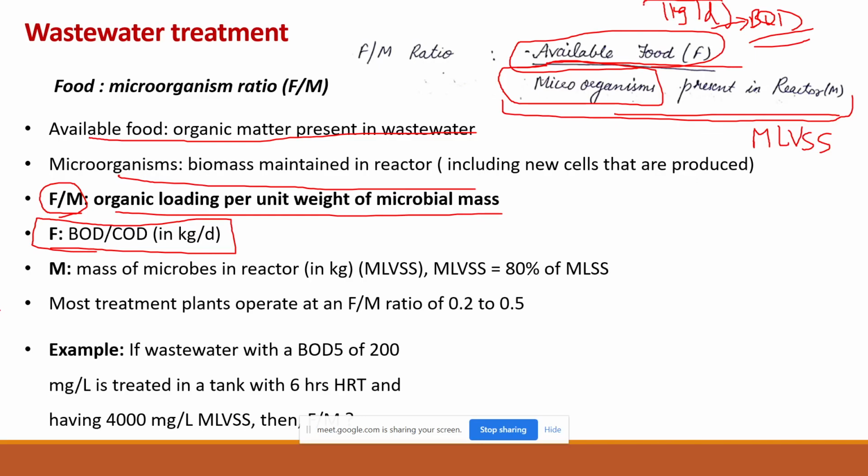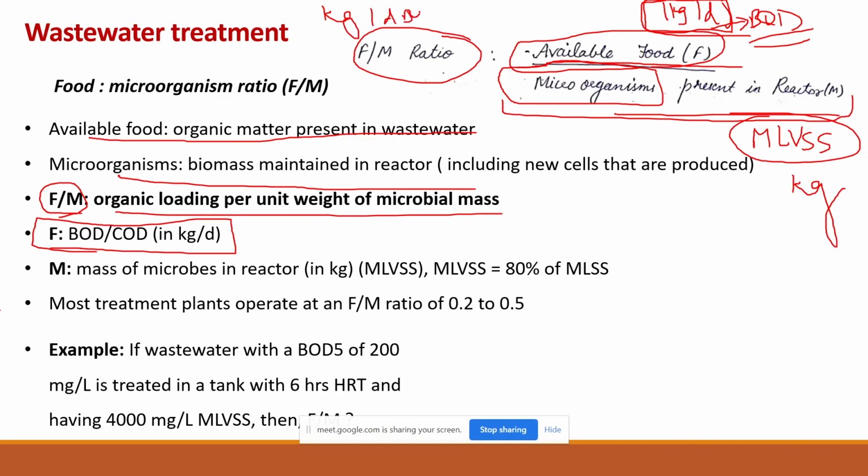Remember you have to input this in terms of kg per day. And microorganisms are MLVSS, so this will be in your kg. So F by M ratio will be kg per day of BOD per kg MLVSS. Right?